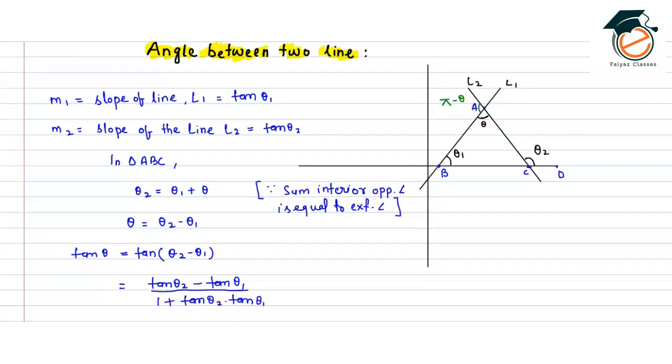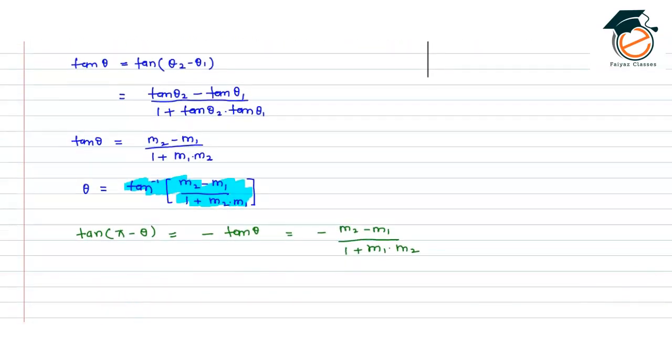So the second angle between the two lines, pi minus theta, is equal to tan inverse of minus (m2 minus m1) by (1 plus m1 into m2).